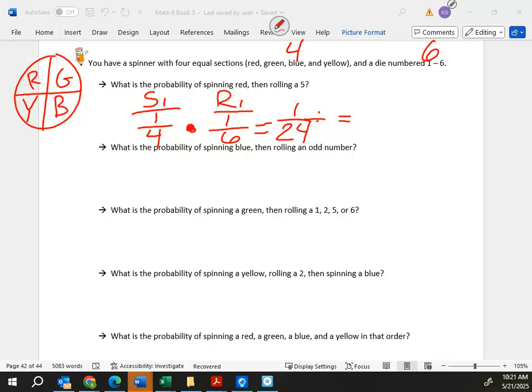You always put the top number in first. What is 1 divided by 24? Charlie? 0.041. We look at that hundredths place, it's followed by a 1, so we know it's 0.04. What percentage is that, Charlie? Very good, 4%.